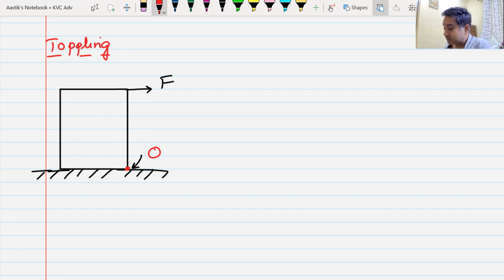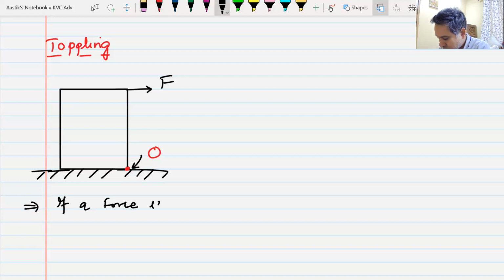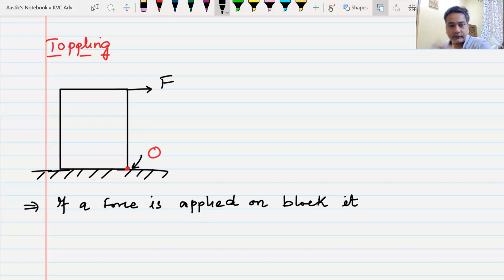So if a force is applied on the block, it tips. This tipping of the block is known as toppling.